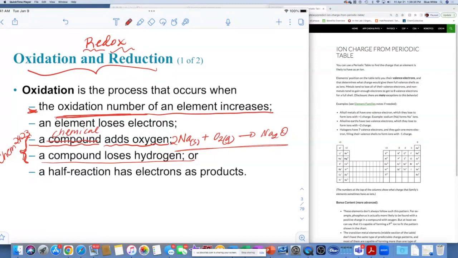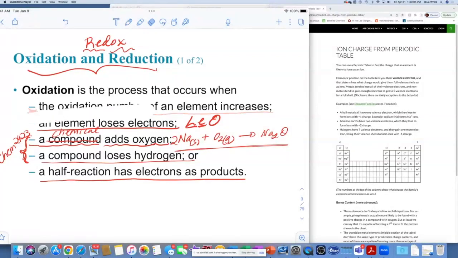So we're told here if an element loses electrons, like I told you guys before, LEO, loss of electrons, oxidation. And when we're looking at balancing the redox reaction, a half reaction has electrons as products. When you have a half reaction where electrons are products, that half reaction gets defined as oxidation. So we'll be looking at all of these factors.